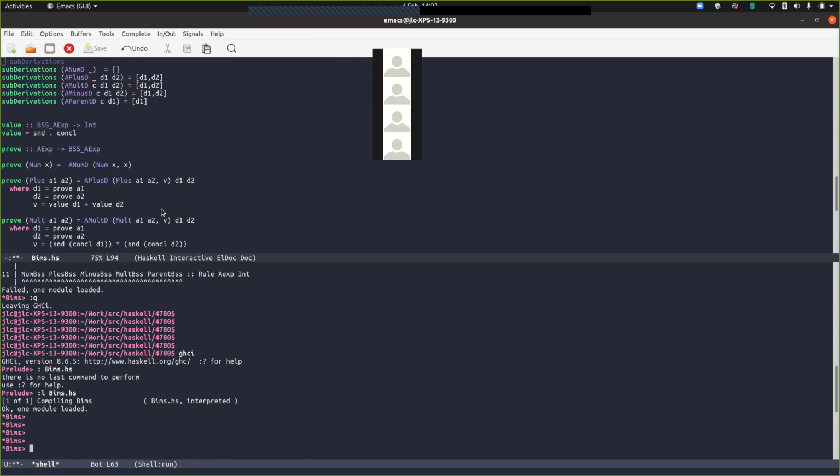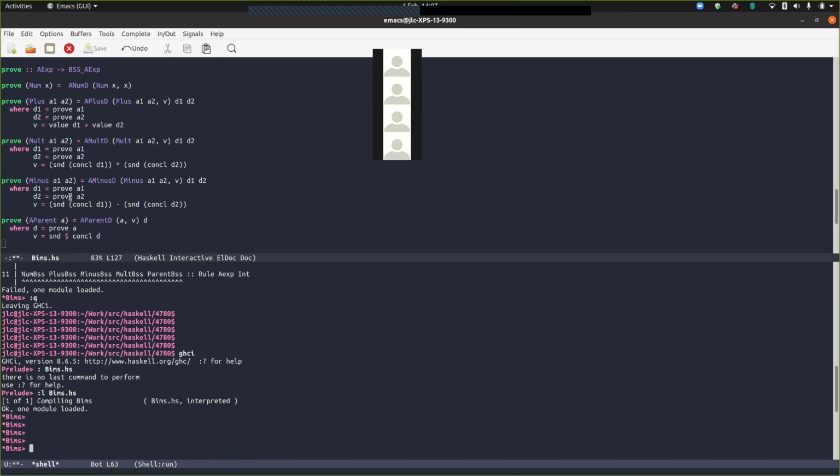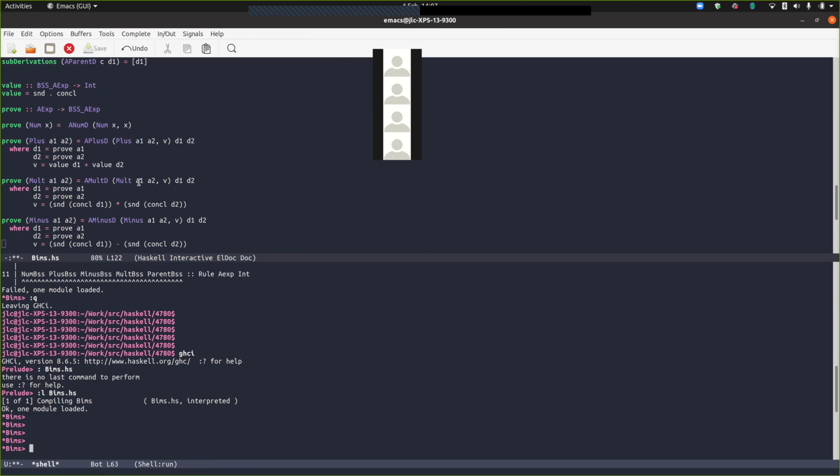If I go down to the bottom here, okay, here is the code to build a derivation.